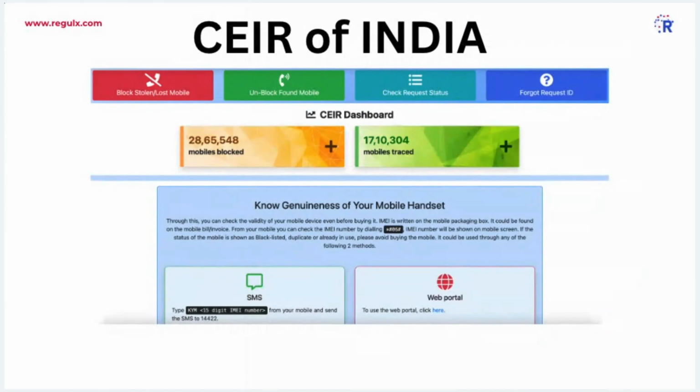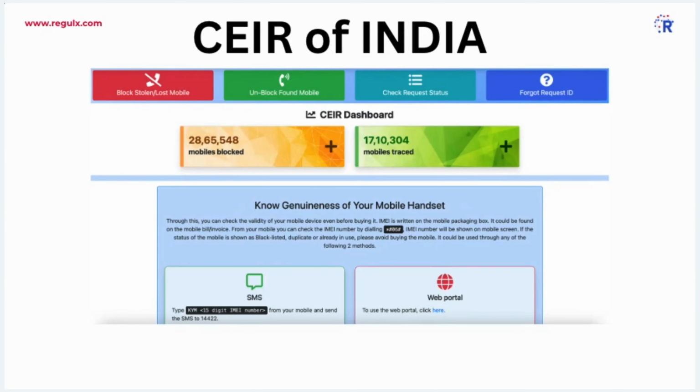As an example of countries that successfully implemented this device registry or KYC process, we have India. I just took a snapshot from their website for this CEIR, which allows them to block unauthorized mobile phones or stolen ones.